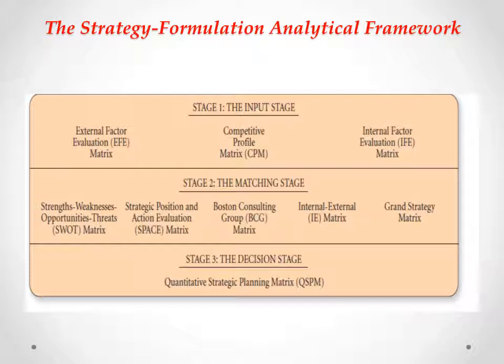At stage 2, the matching stage, there are the strengths, weaknesses, opportunities, threats (SWOT) matrix, the SPACE matrix, the BCG matrix, the IE matrix, and the grand strategy matrix. And at stage 3, we will depend on the quantitative strategic planning matrix, QSPM. I should also say that we will not take all these techniques. We will concentrate on the most important types of them.